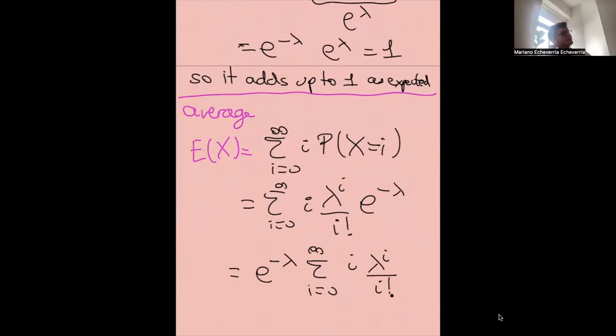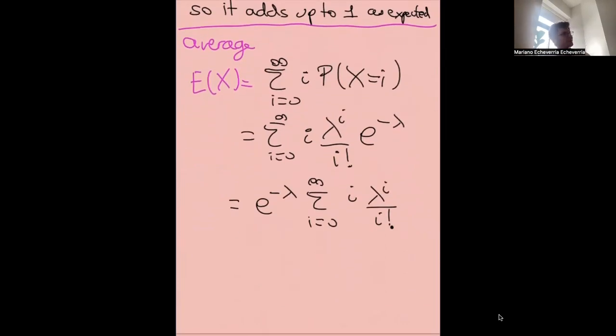Okay, and then let's see. Does the trick still continue to work? Let me see, because I should have computed this before. Can we do it with some factor of lambda to the i? I'm thinking. Oh, right. The expected value should be lambda, so at some point I do need that. I can multiply and divide by lambda.